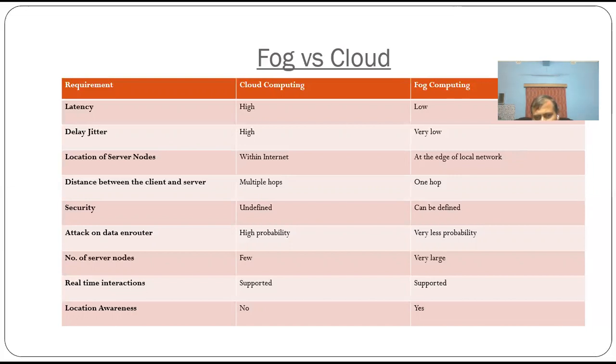Attack on fog computing is very much less probable. Next is number of server nodes. Compared to fog computing, cloud computing supports a few number of server nodes. In case of real-time interactions, both support them, though cloud computing will take somewhat more time to process. And lastly, location awareness. Cloud computing, it's no for this particular feature. In case of fog computing, it is yes. So these are the differences which are generally found between cloud computing and fog computing.